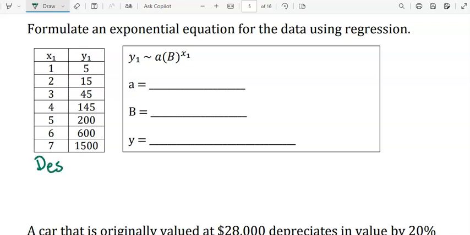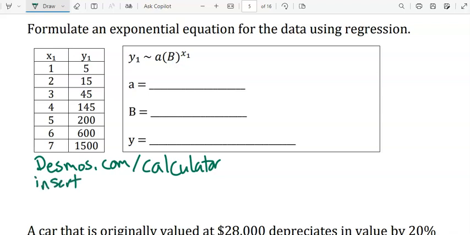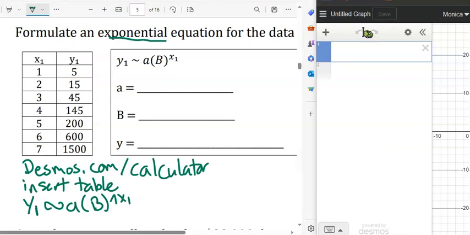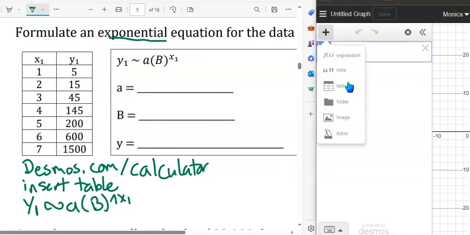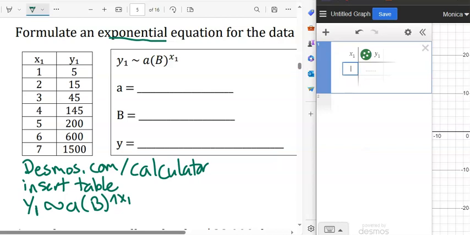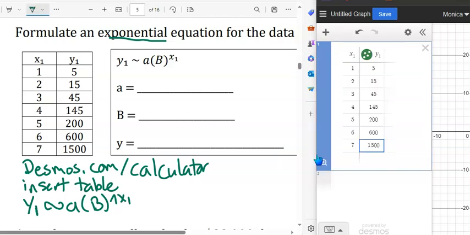You go to desmos.com/calculator, insert table, and then to get exponential regression, you'll type in the formula y1 tilde a parentheses b to the x1 power. So on Desmos, you press the plus sign, click Table, insert your values from the given problem, and then type the formula.